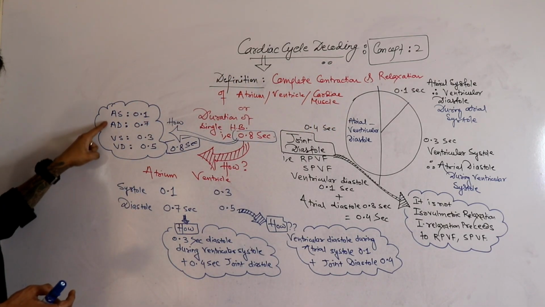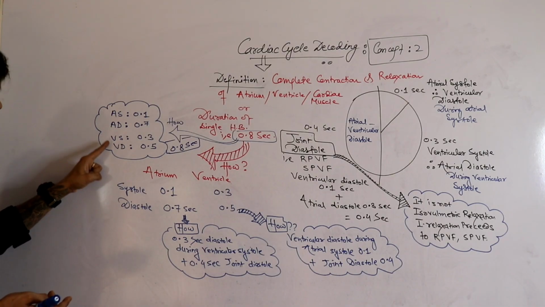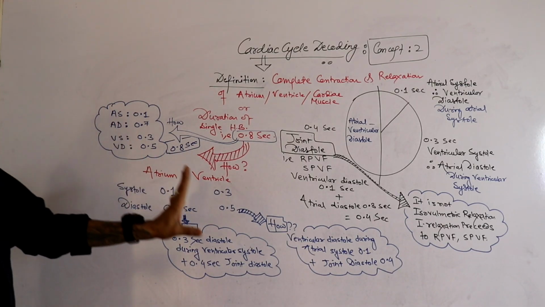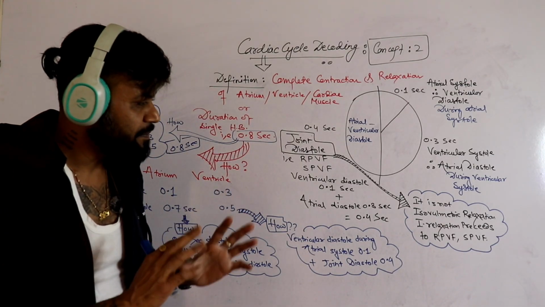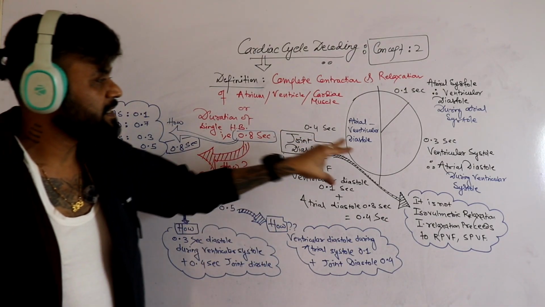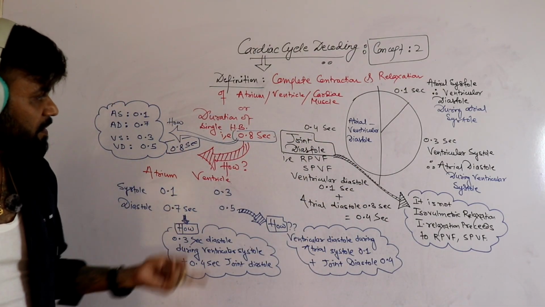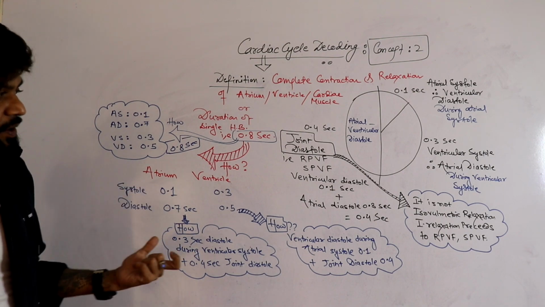Atrial complete contraction and relaxation, 0.8 seconds. Ventricle complete systole and diastole, contraction and relaxation, 0.8 seconds. That gives you the cardiac cycle timing, and that gives you the proper coding of this diagram, which is given in your NCERT. Hope you have understood this general decoding.